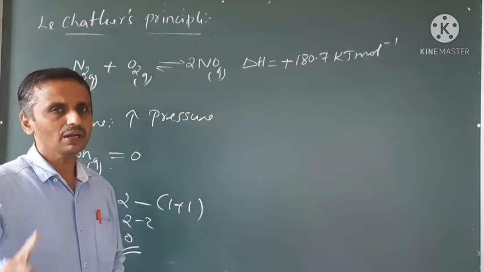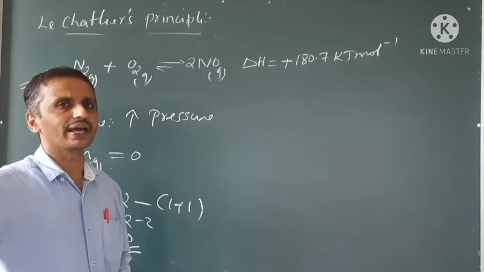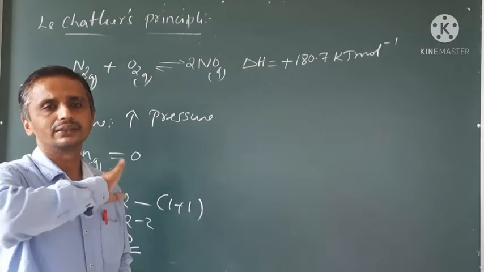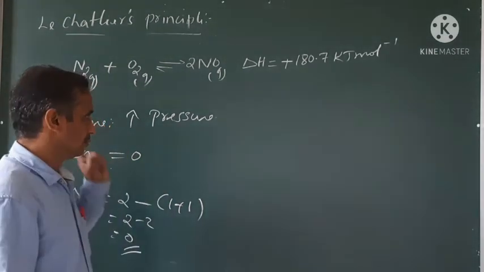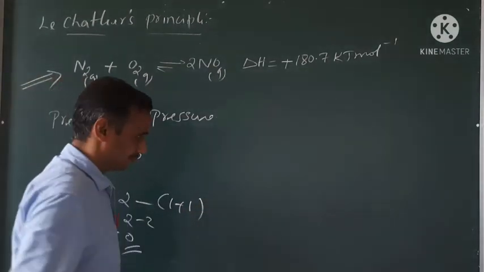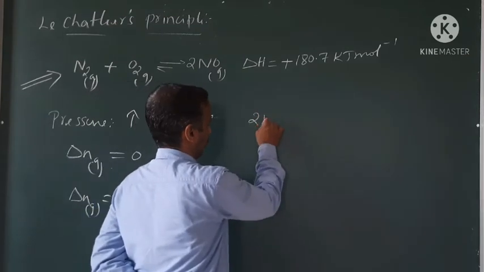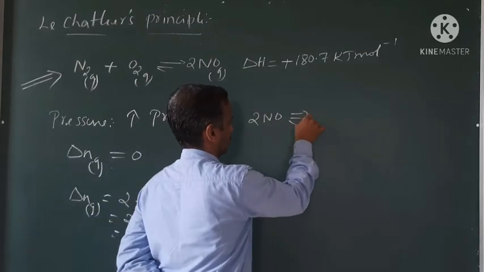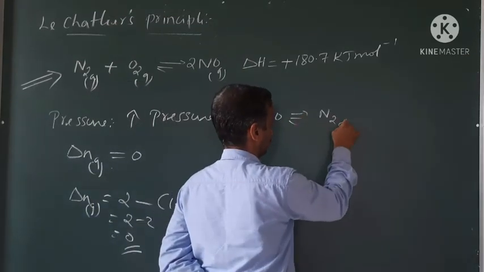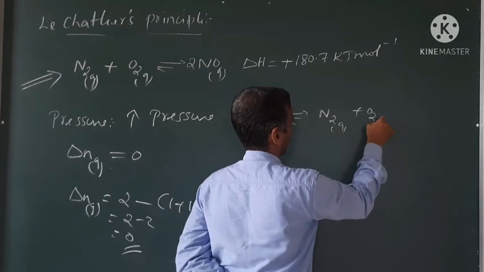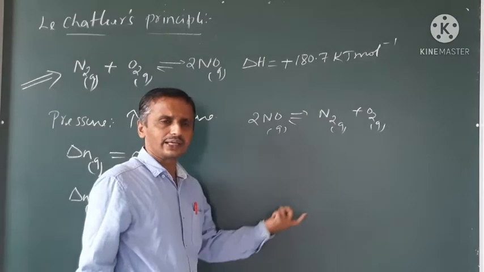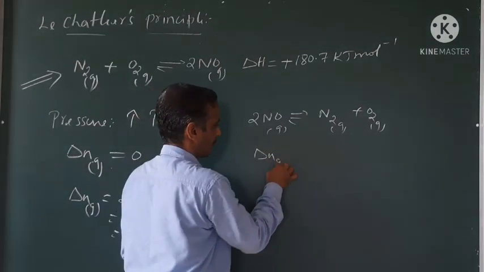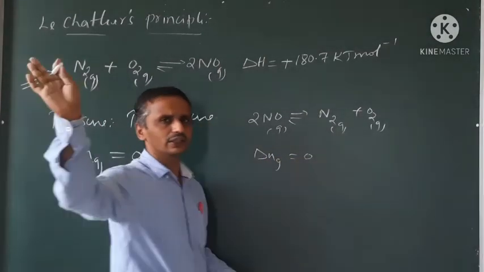But please remember, only when the delta N of the gas is 0, pressure does not have any effect on the equilibrium. So what about this? 2NO giving N2 gas plus O2 gas. Here also delta N of the gas is 0. Therefore, pressure does not have any effect.